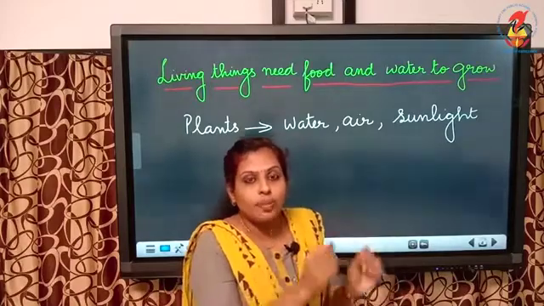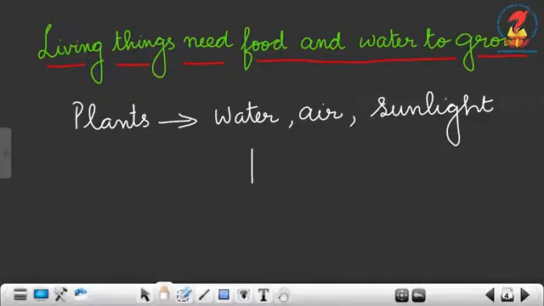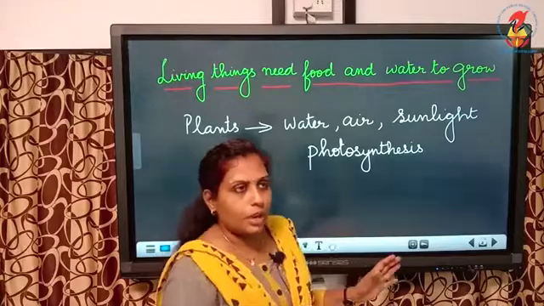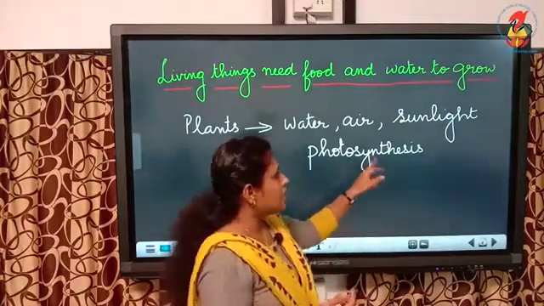The process of making their own food is called photosynthesis. This word will be difficult for you, but if you put it into practice, you can learn it very easily. Photosynthesis.